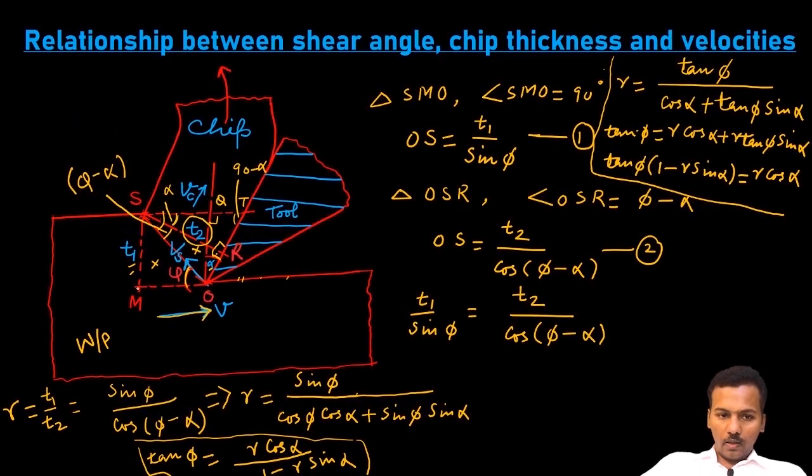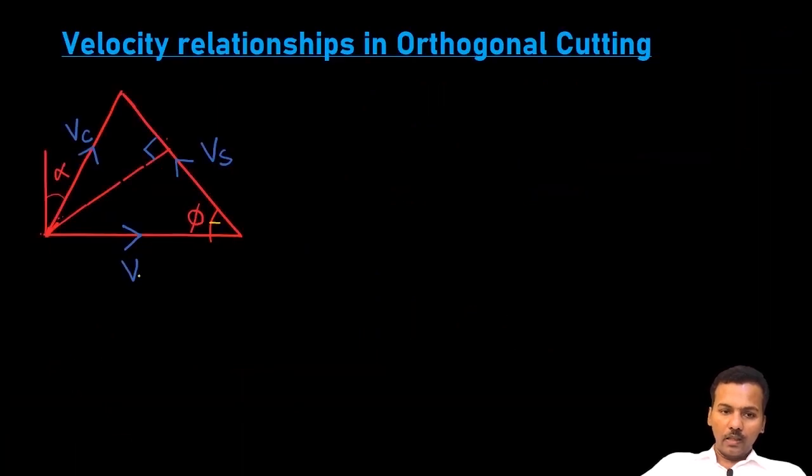Now take this triangle, in this direction we have taken this V, and this is the shear plane. So in this plane there will be a velocity, that is the shear velocity, Vs. The inclination of this shear plane with the finished surface was phi, and in the direction of shear plane the velocity is Vs, known as shear velocity.